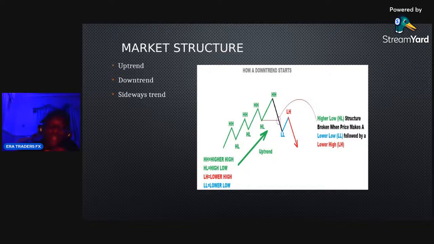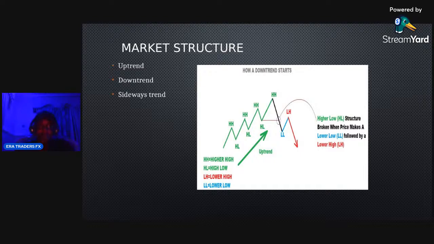There's a change of character. The higher low structure is broken when price makes a lower low followed by a lower high. So you will now know that the market has changed trend.